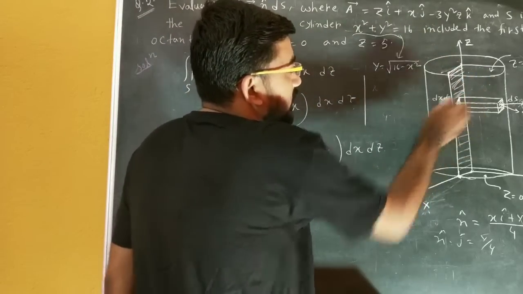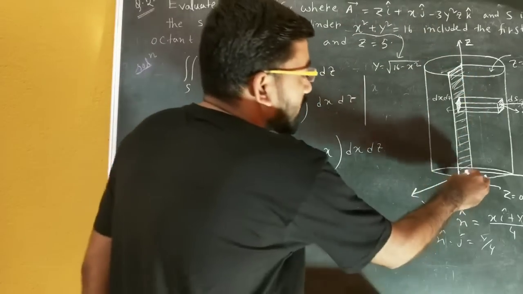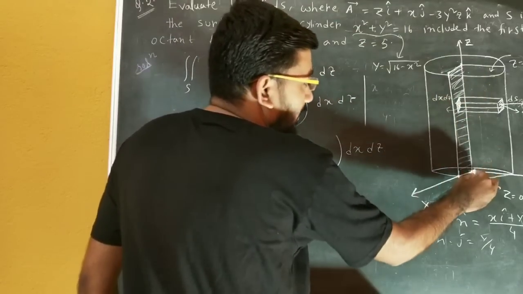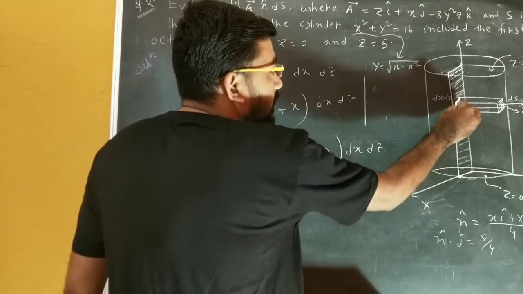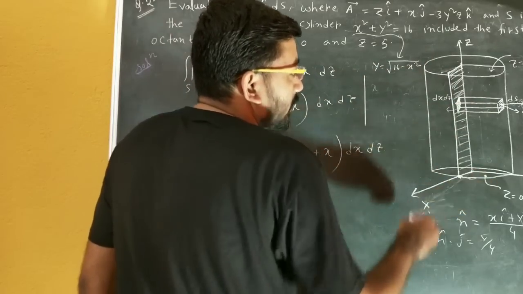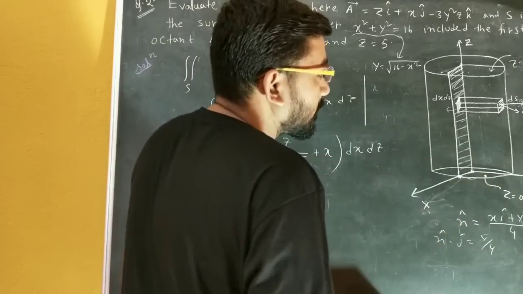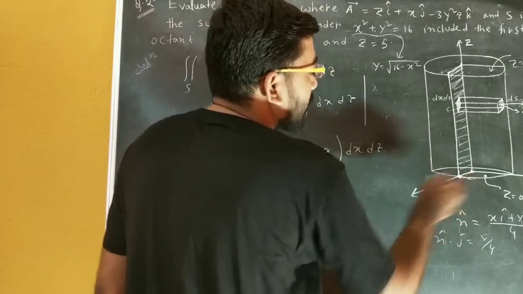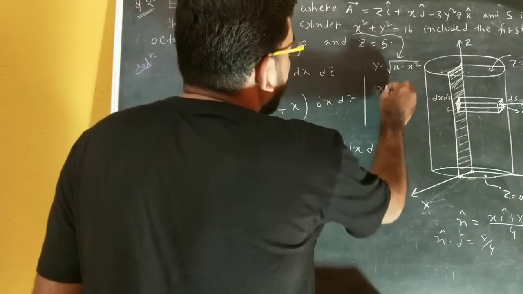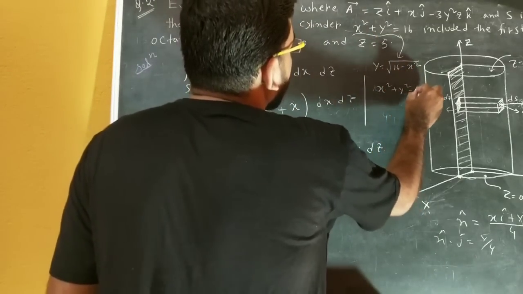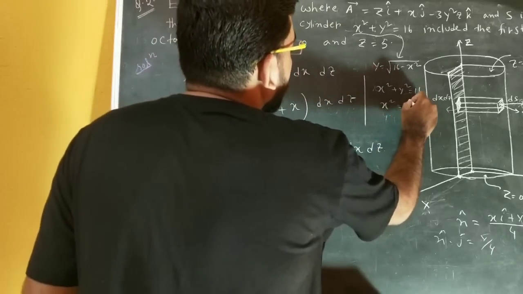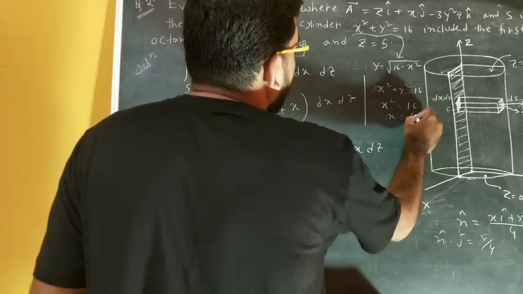So dx dz can run from z equal to 0 to 5, and x equal to 0 to 4. When y is equal to 0, x square is equal to 16, so x will be 4.